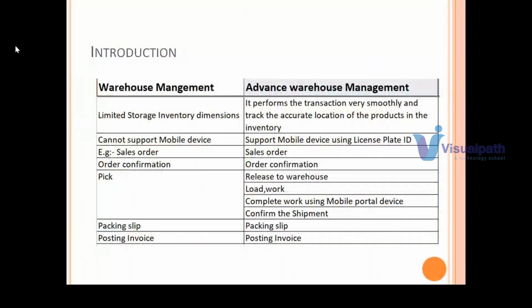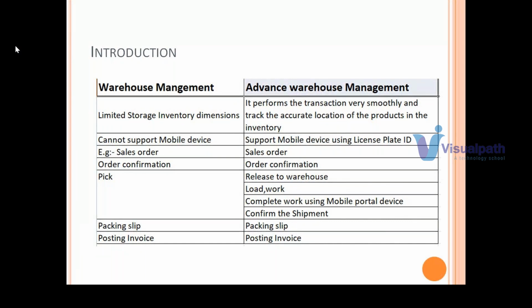So from the warehouse management, we have the advanced warehouse management, and also we have the standard basic warehouse management, which doesn't have the mobile device. We cannot use the mobile device in the standard basic process.